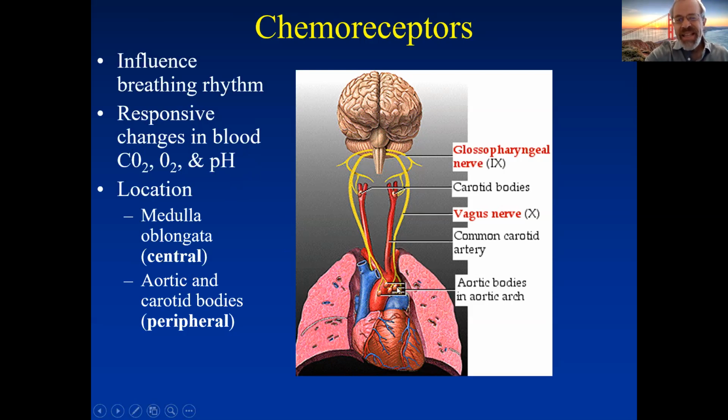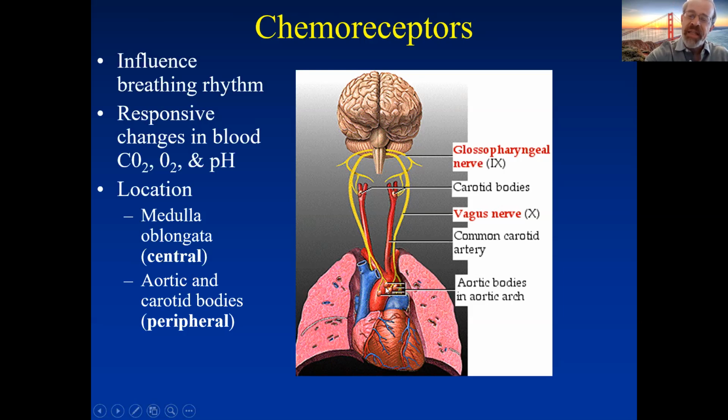So how do these receptors down here, that's fine that they're sensitive to those gases, but this is where the breathing is generated, right? Well, we have these nerves, as you can see right here. We have the vagus nerve, which picks up signals from what we call the aortic bodies. So these chemoreceptors are called bodies: aortic bodies on the aorta, carotid bodies on the carotid artery.